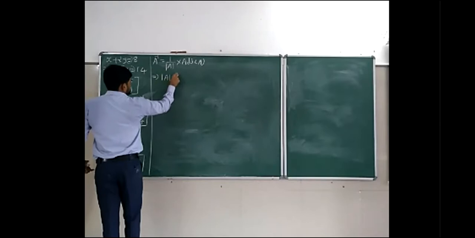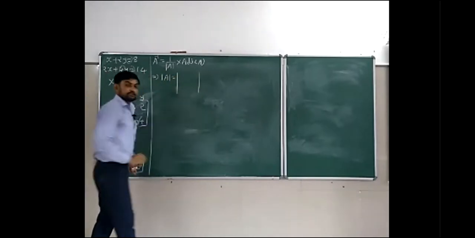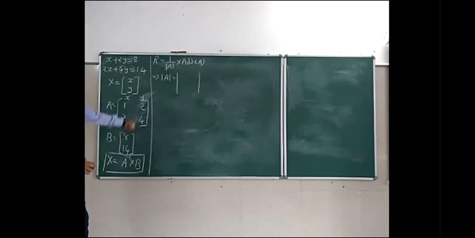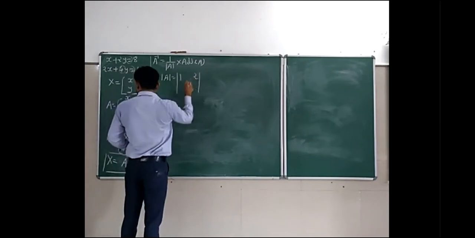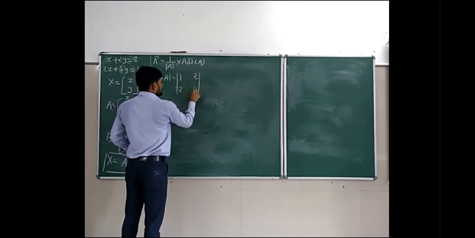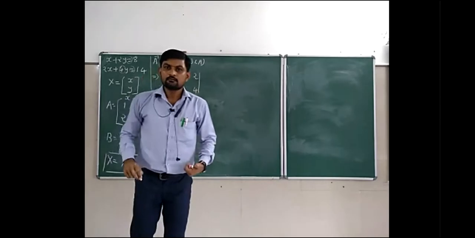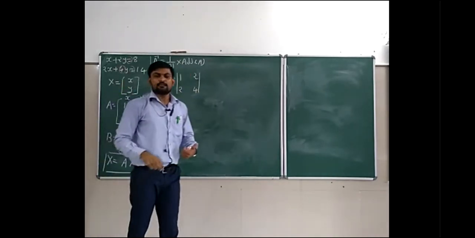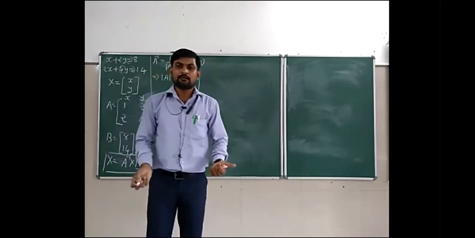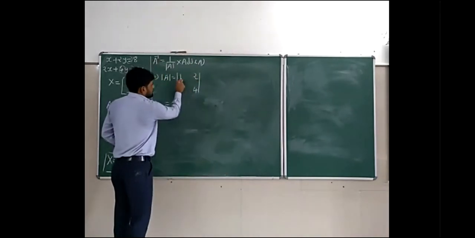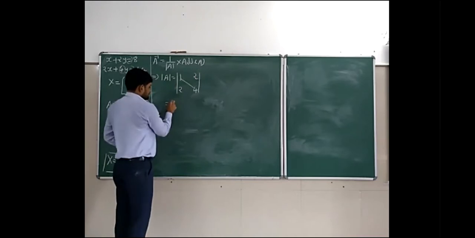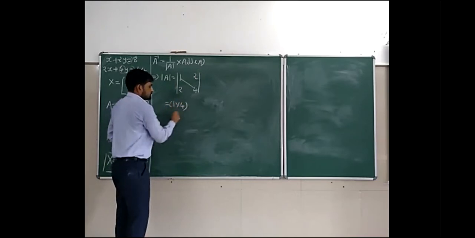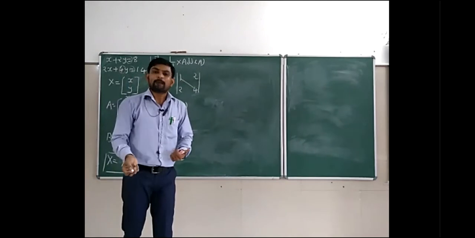So first we'll find the determinant of A. Write down matrix A in determinant form. What is matrix A? The coefficient matrix of variable x and variable y. So it is 1, 2, 2, 4. When a 2 by 2 matrix is given, it is very simple to find the determinant. Just multiply the two principal diagonal elements: 1 into 4. In between, use a minus sign.